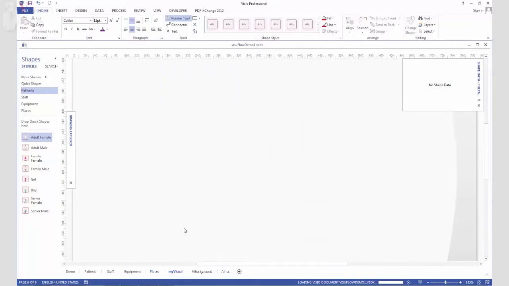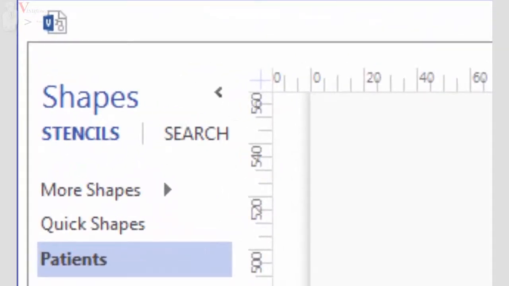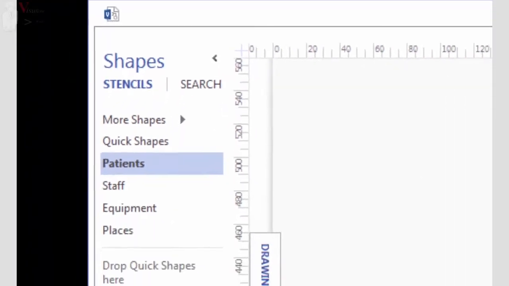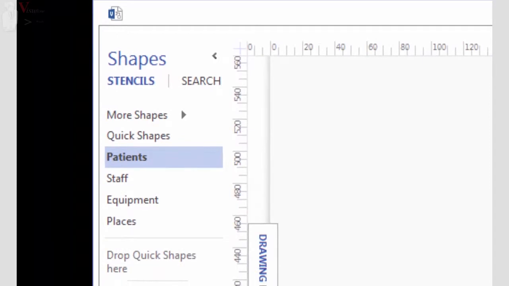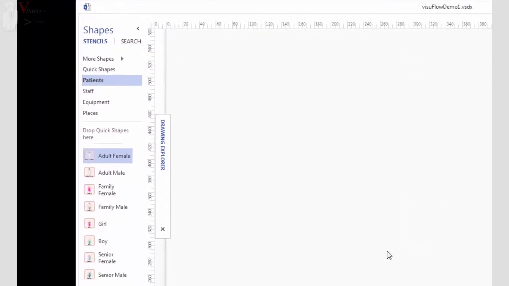What you see is Microsoft Visio. All these components are represented by shapes. A collection of shapes are called stencils. This is the VisuFlow patient stencil.